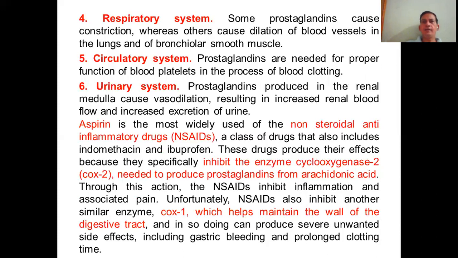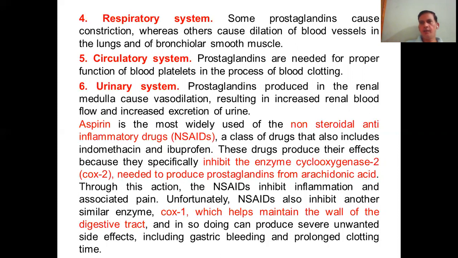In the respiratory system, some prostaglandins cause constriction, whereas others cause dilation of blood vessels, since there's a wide variety of prostaglandins. So it depends on the condition. In the circulatory system, they are needed for the proper function of blood platelets.